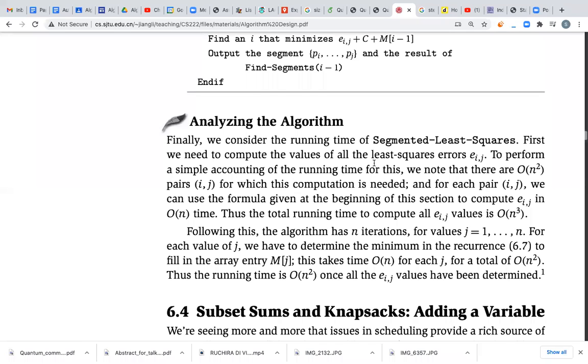In 6.3 they have given this algorithm which is n cube, and in the last paragraph in this section, the authors have said that you can do it in n square. So your friend is asking, if you have gone over it, can you explain how they are getting n square?